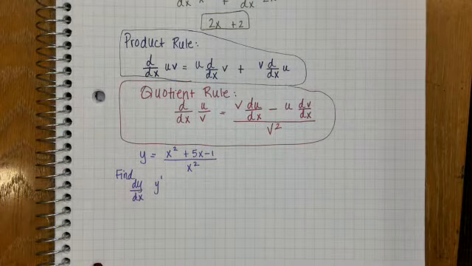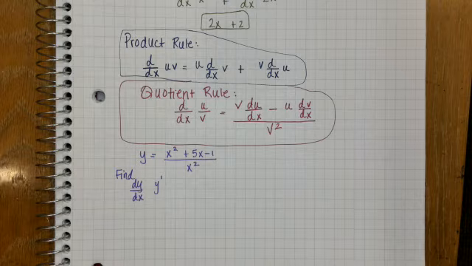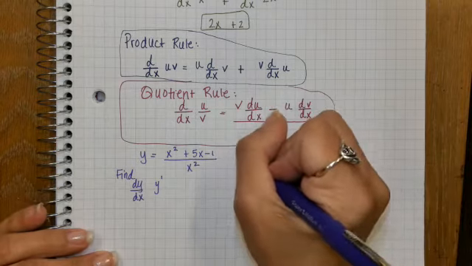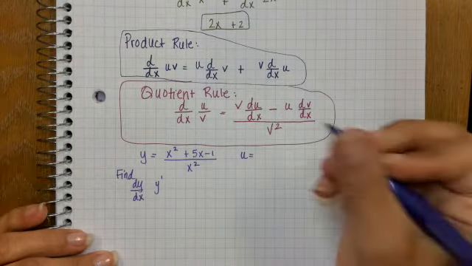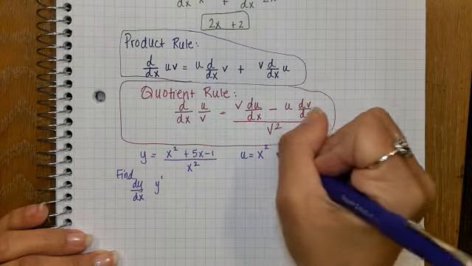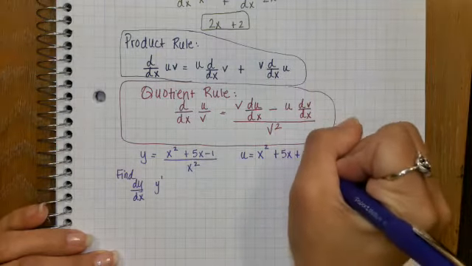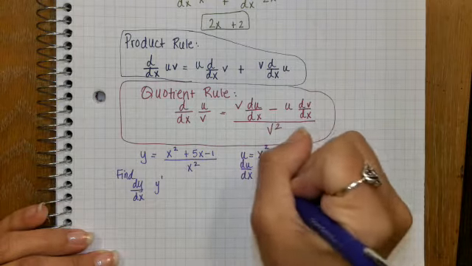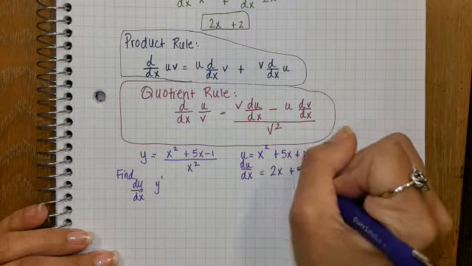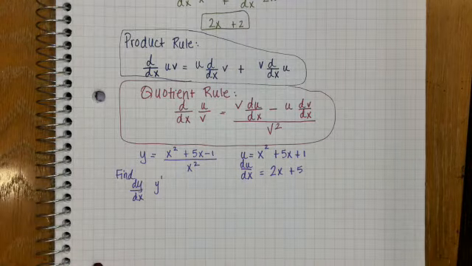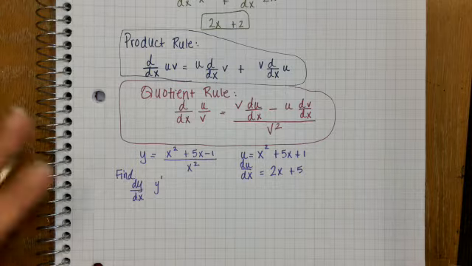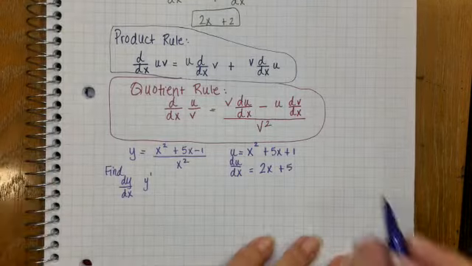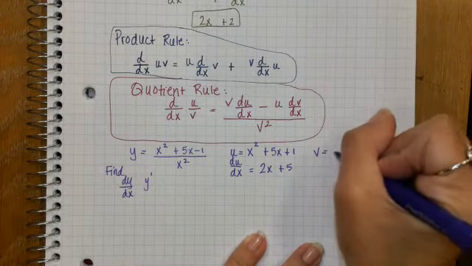Okay, we're going to analyze u and v and du and dv separately. You may not want to, but trust me, until you get really good at it. So u is my numerator, x squared plus 5x plus 1. The derivative of u with respect to x, power rule, is 2x plus 5. Hey, and if you don't like 2x plus 5, you feel free to find f of x plus h minus f of x all over h. You feel free to do it that way. I'm not going to. v is the denominator.